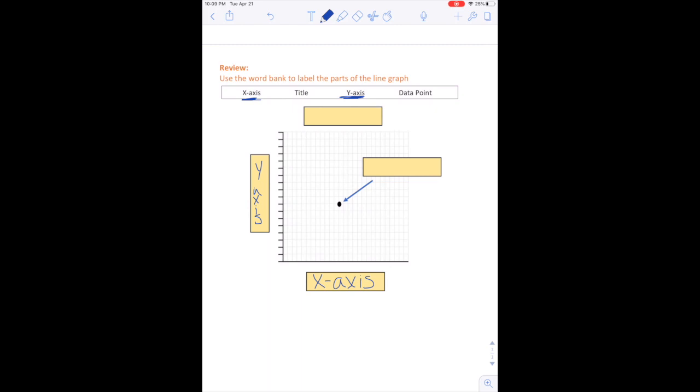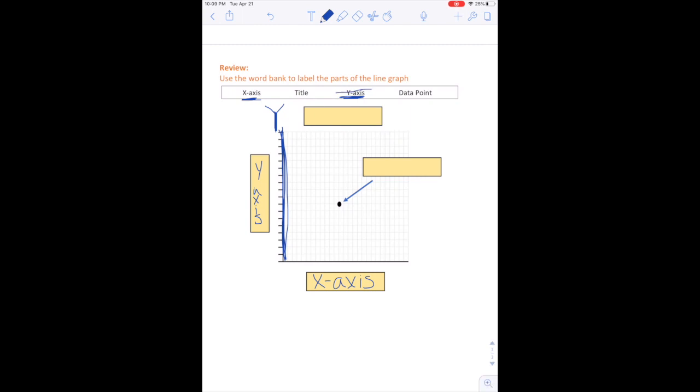Another thing to help me remember the y is that the y has this kind of up and down part of it, and that helps me remember the up and down part of the graph. So I think of the y and I think of this part of the y that matches that part of the letter.